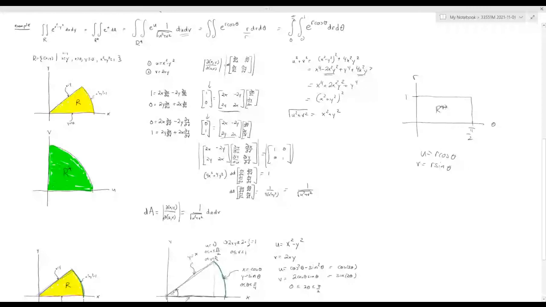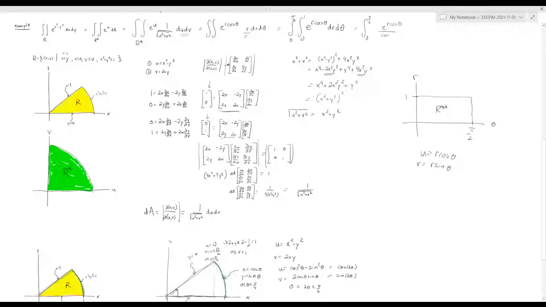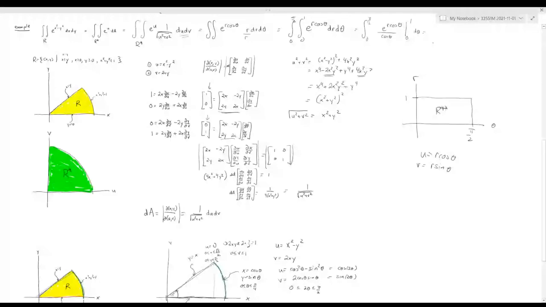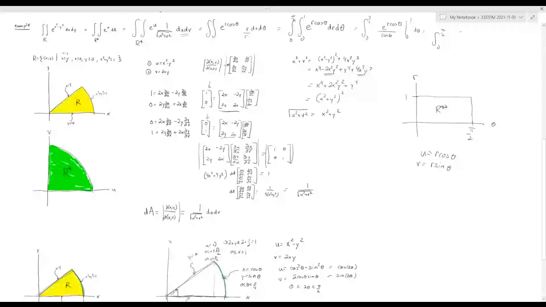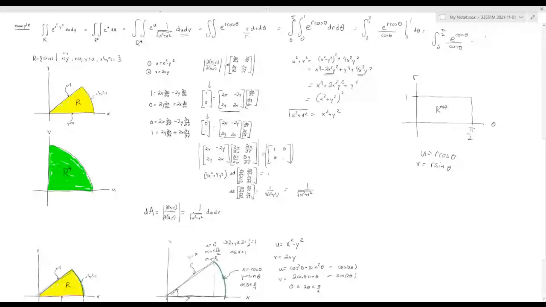With respect to r, the antiderivative is evaluated at the upper bound, r is 1, minus at the lower bound, r is 0.